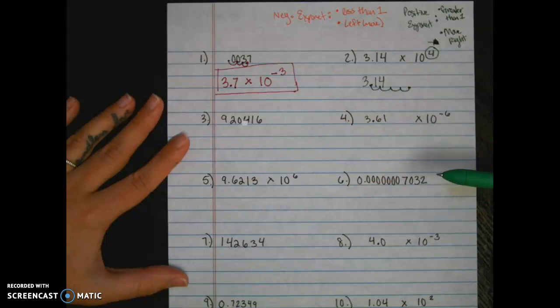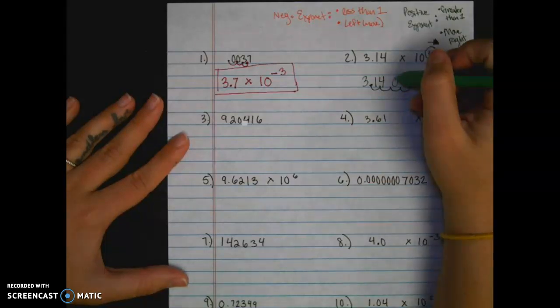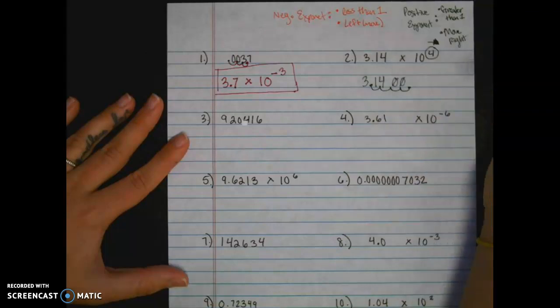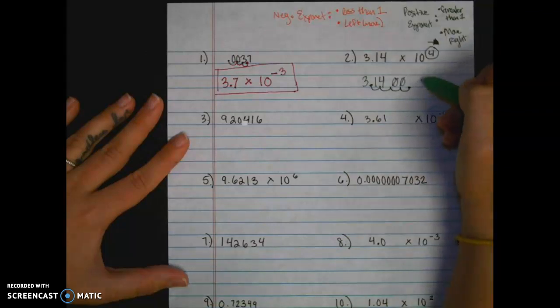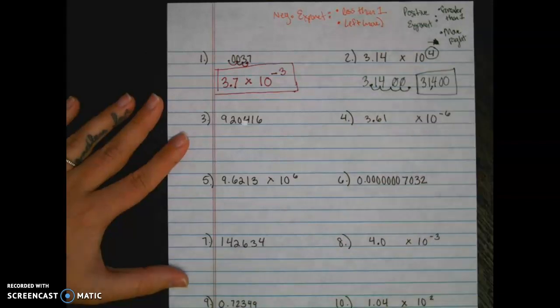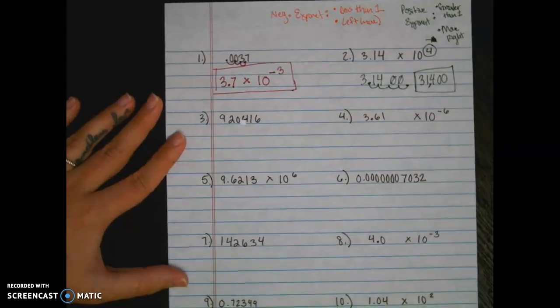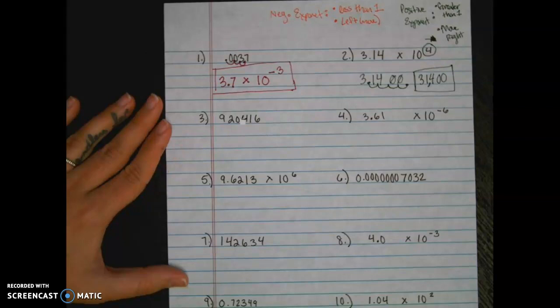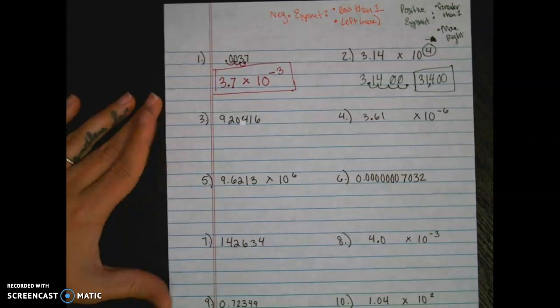If I don't have a number there, there's going to be a 0. I personally like to rewrite my number so I can see and put commas and such. So I have 31,400. Lots of money. I want that kind of money.